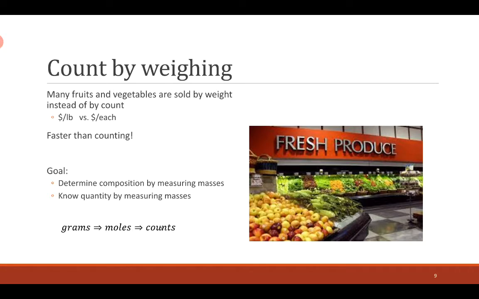But since we're dealing with so many counts, a lot of times we just stop at moles because it's a lot easier to deal with a number like 1 than 6.022 times 10 to the 23rd. And so it's a lot easier to deal with a number like 1 than some big crazy number in scientific notation.